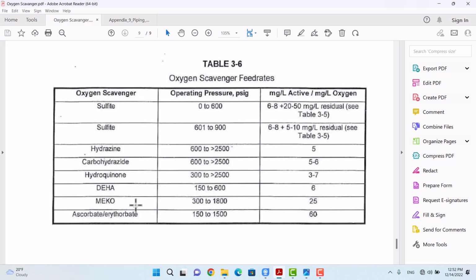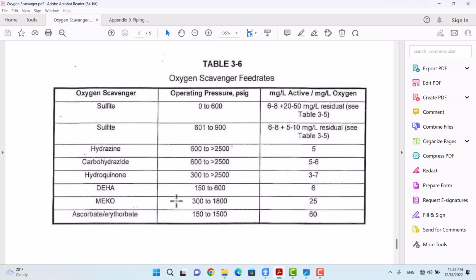we have been trying to replace it, and we have some plans to replace it with carbohydrazide, because as you can see here, it is more suitable for low pressure steam drums. In our plants, we have two steam drums.